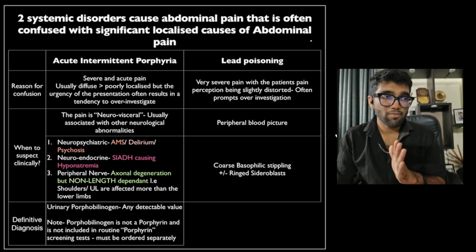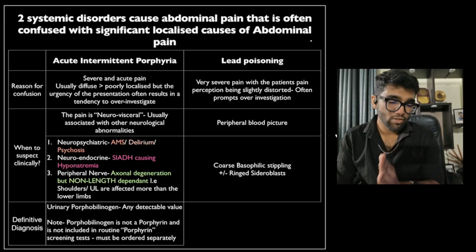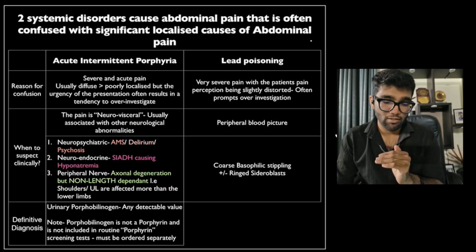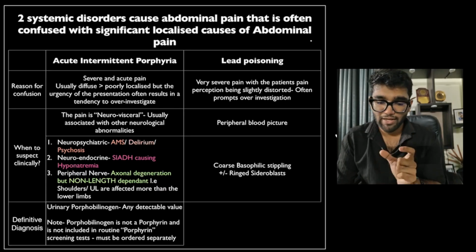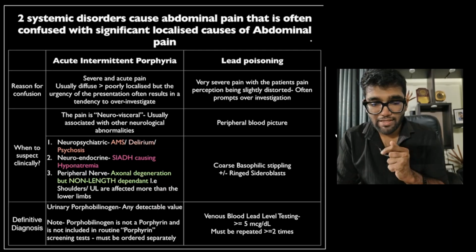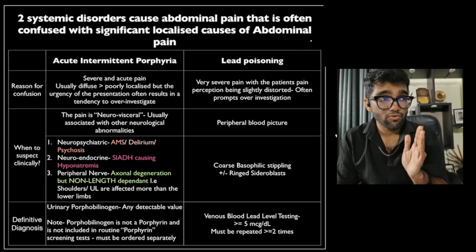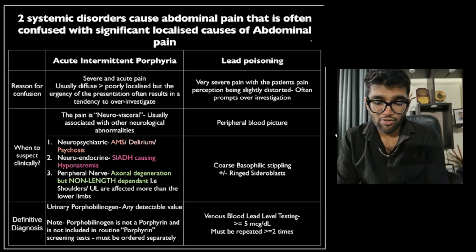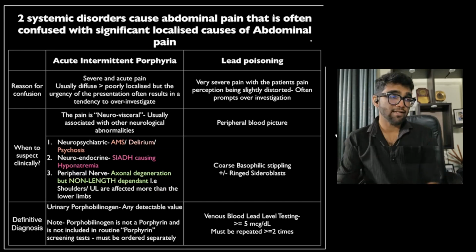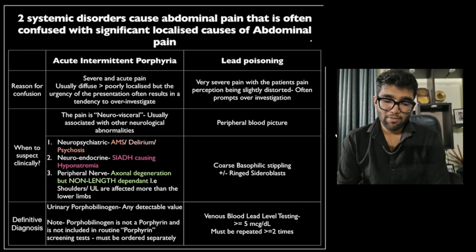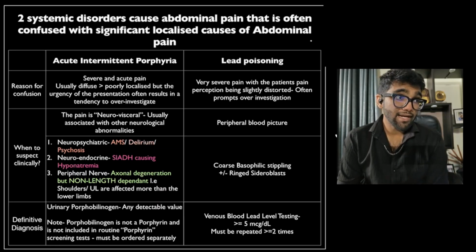So one must always send urinary porphobilinogen levels, not just the porphyrin levels. Now, in case of lead poisoning, the diagnostic test is venous blood lead level, more than 5 microgram per deciliter. It must be done twice. Capillary lead levels are not reliable, and it has to be venous.